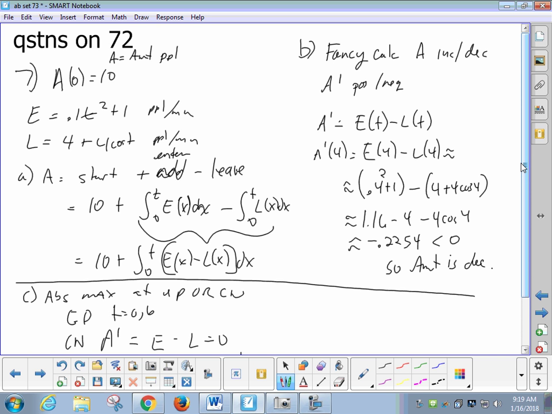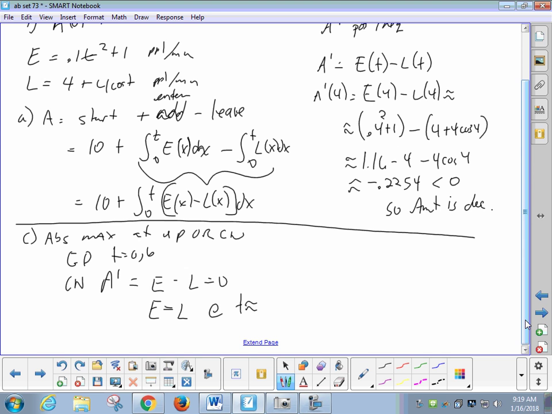Zero to 6. I see. Maybe 2 intersections. Oh boy. 3 intersections. Yes? Okay. Oh, 0 to 6 though. Shoot, I didn't check it.